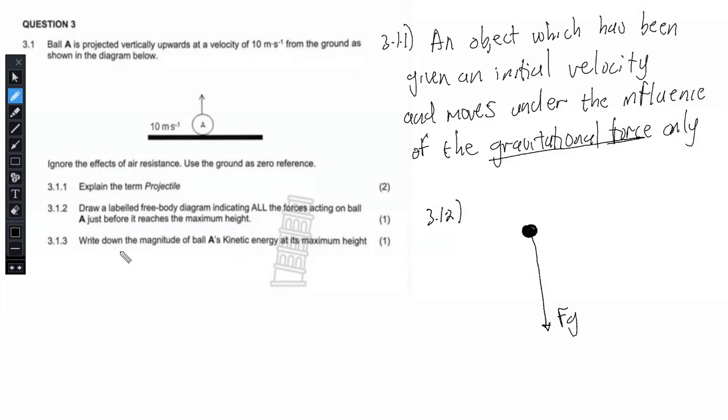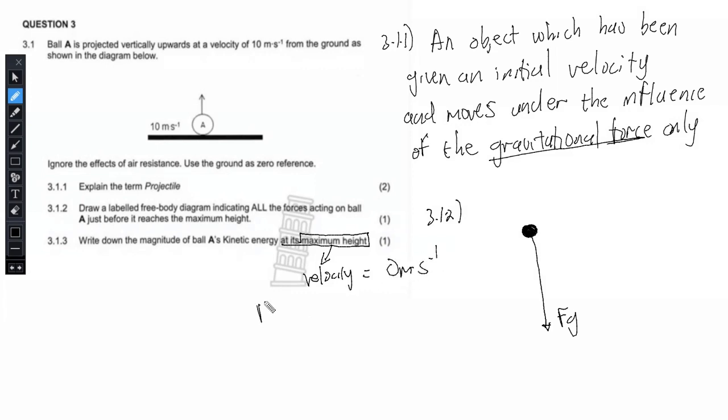Right. Then for 3.1.3, they say write down the magnitude of ball A's kinetic energy at its maximum height. Now, this is a key word. We know that at the maximum height, the velocity is equal to 0 meters per second.